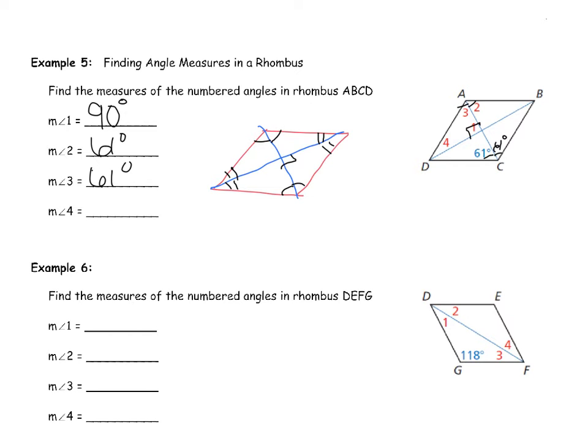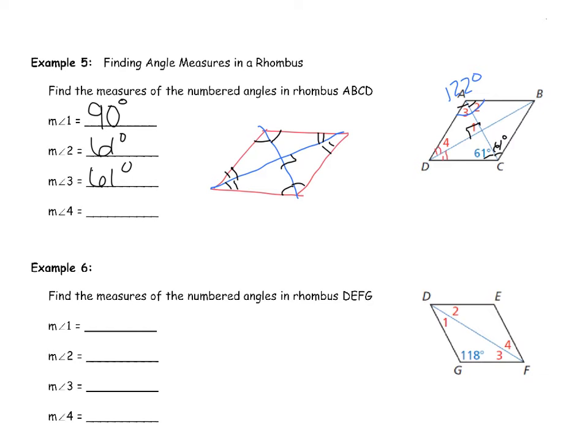Now to figure out the next part, angle 4. I know angle 4 is going to be split into two congruent pieces, so it's going to help us if we can figure out what this whole angle is, because then I can just cut it in half and know what angle 4 is. So we're going to have to use some knowledge about parallelograms. We know that angles 2 and 3 are both 61 degrees, so this whole angle here is 122 degrees. Because a rhombus is a parallelogram, consecutive interior angles are, you got it, supplementary.